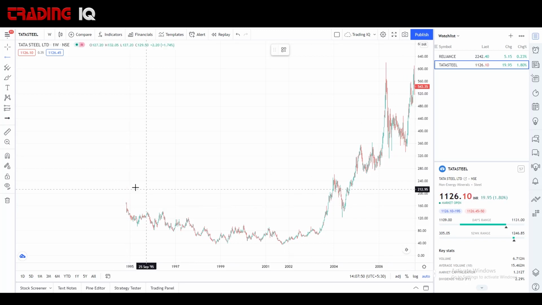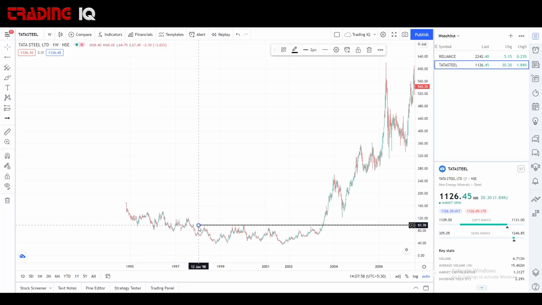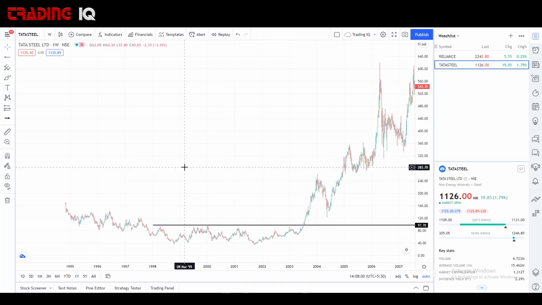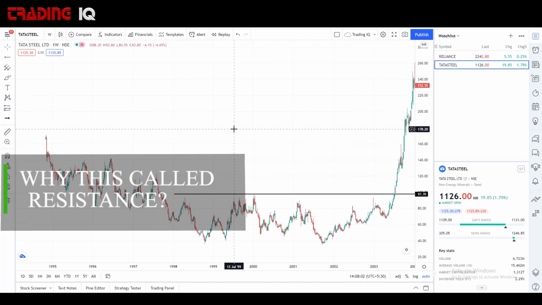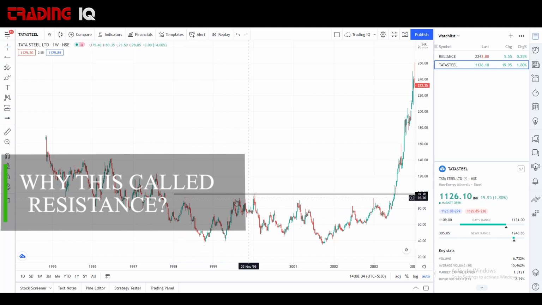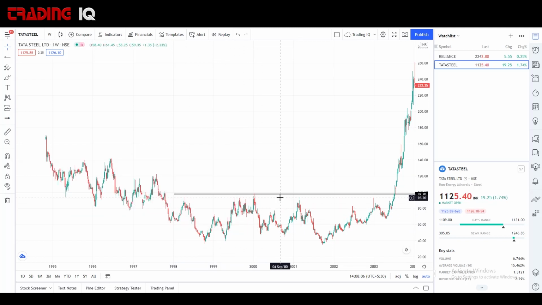You can also see the prices here when I'm hovering the mouse. It started at 171 rupees, and then it went down, and then it created a resistance level. Now, why is this called resistance? Because it is resisting the price from moving above that level. That means people are not willing to buy at this level.